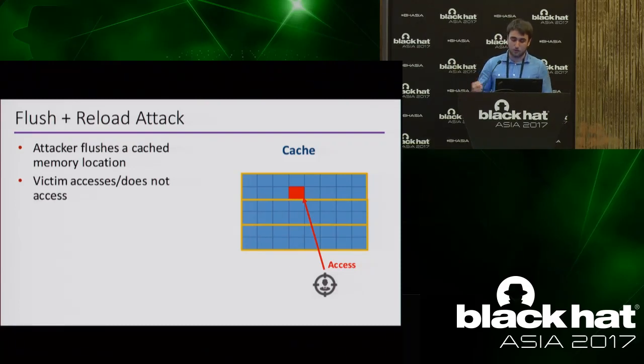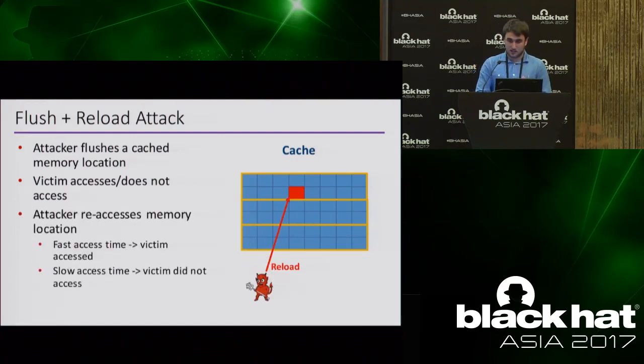If she does, she will put the memory block back in the cache. Now the attacker re-accesses the flushed memory block. If he sees a fast access time, it means that the victim accessed the memory block, because he's retrieving it from the cache. If not, he figures out that the victim didn't use the memory block while he was waiting.